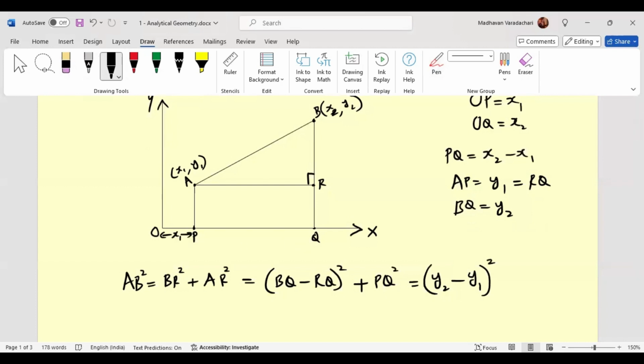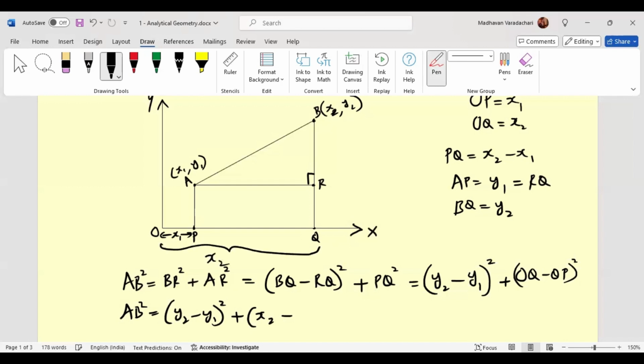Now PQ is nothing but OQ minus OP, the whole square. So our AB square is (y2 minus y1) the square plus, what is OQ? The point Q is x2, which means this distance OQ is x2. OP is already known to be x1.